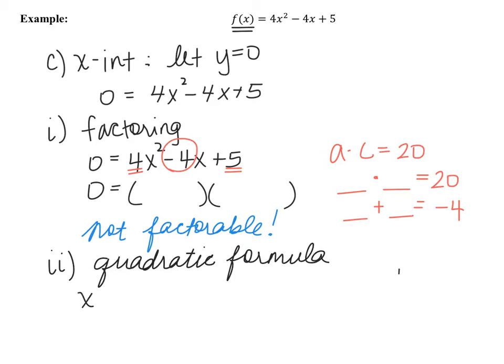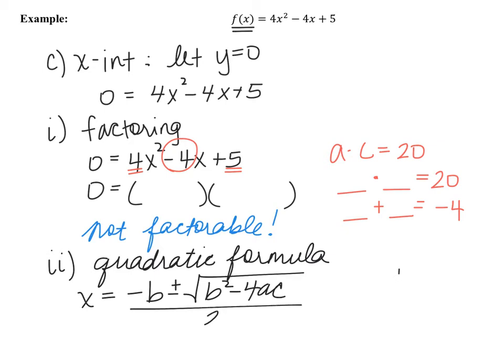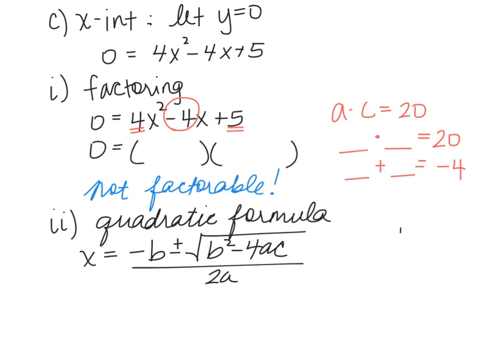So our quadratic formula is going to be the opposite of b, plus or minus the square root of b squared minus 4ac, all divided by 2a. And as we noted earlier, we have an a value of 4, a b value of -4, and a c value of +5. So let's go ahead and use our quadratic formula here to solve this quadratic equation.